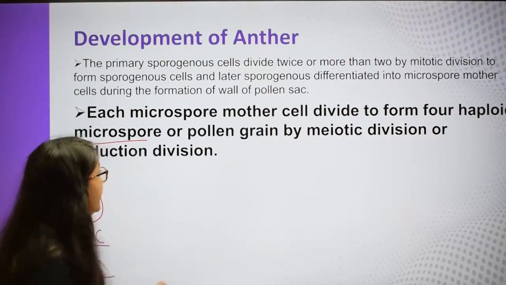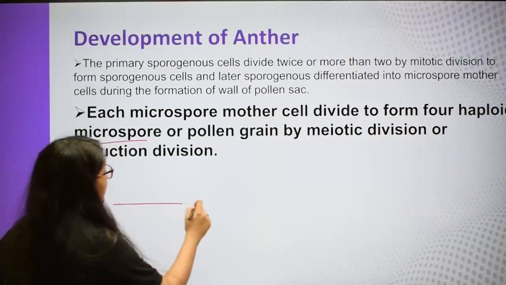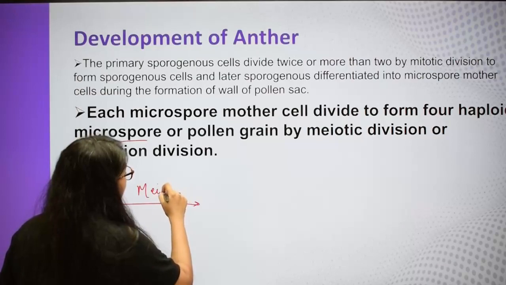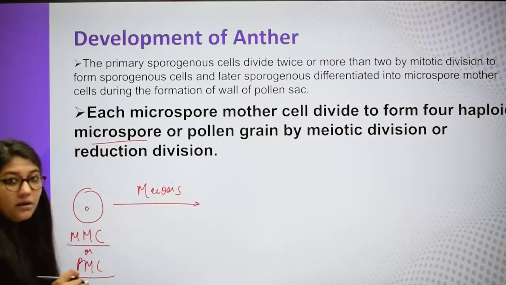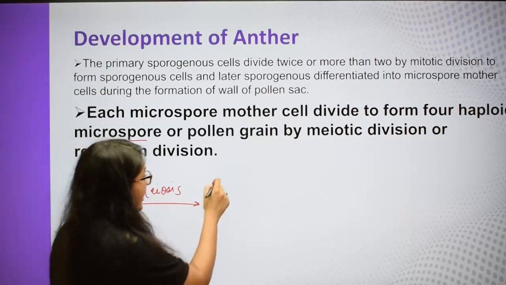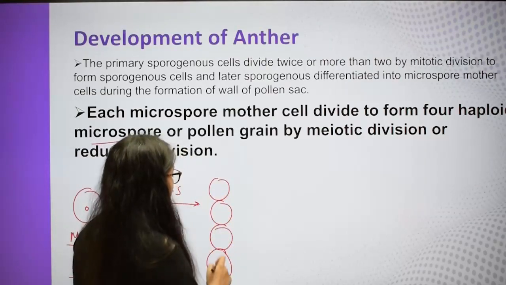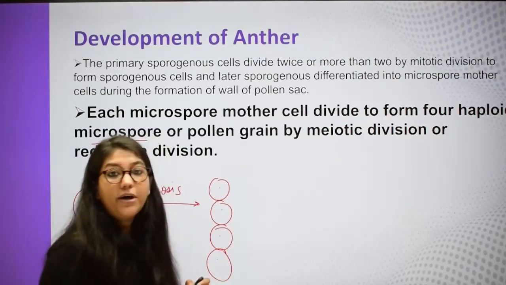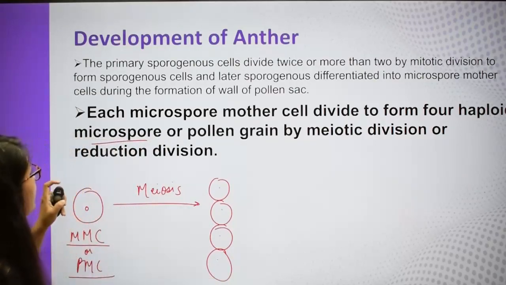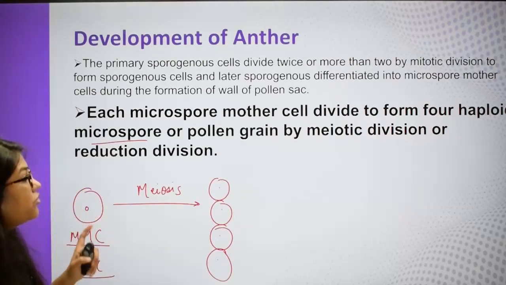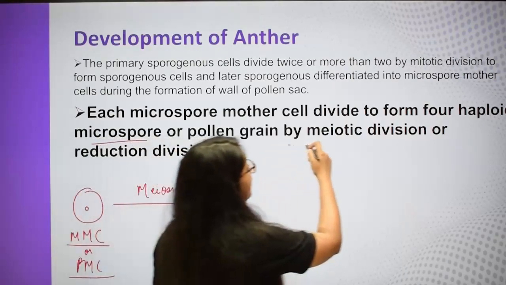Pollen mother cell. So what is happening? The microspore mother cell will undergo meiosis, and it will form 4 haploid microspores.